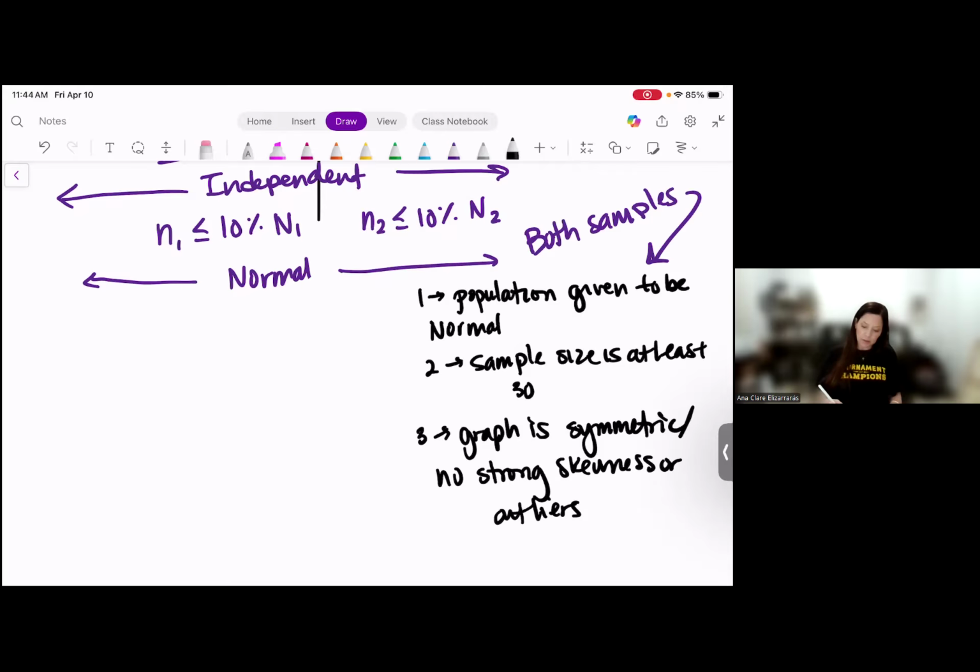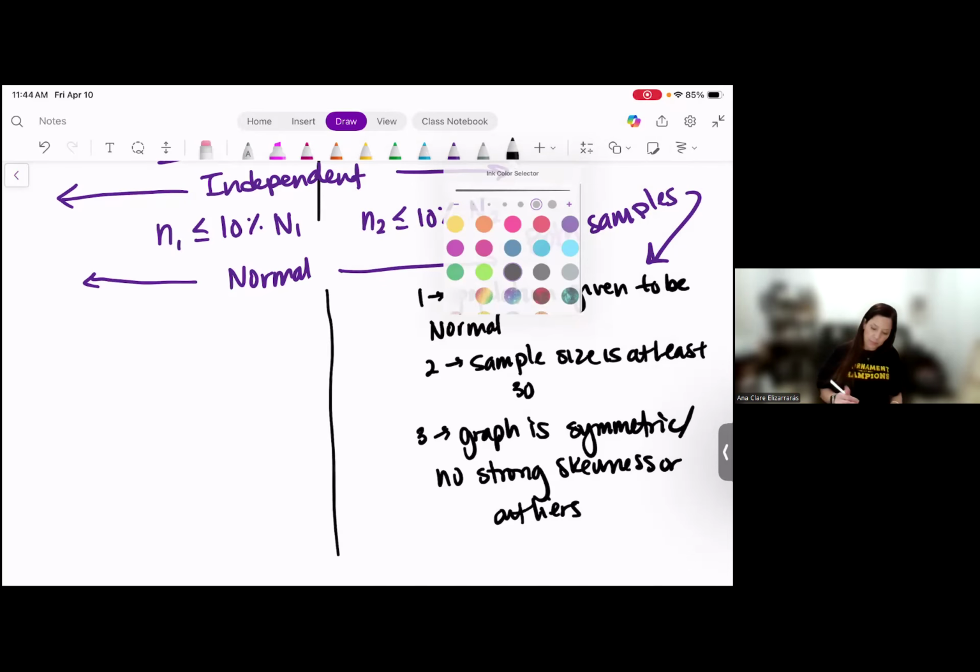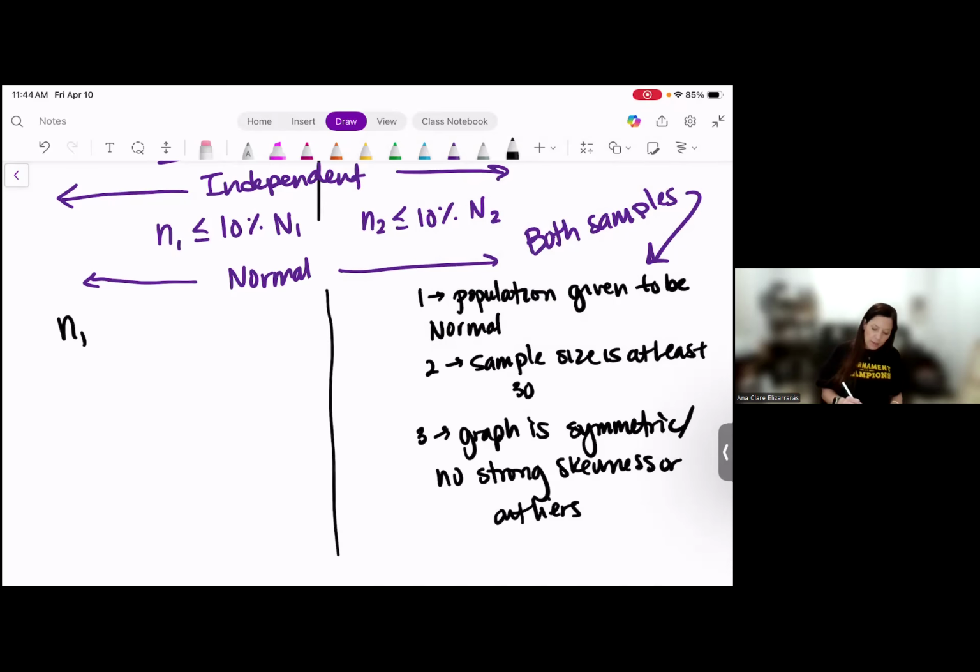For proportions, you have to check both. n1 p-hat 1 is at least 10, and n1 times 1 minus p-hat 1 is at least 10. So the successes and failures for the first group are at least 10, and the successes and failures for the second group are at least 10 as well. It's not just one, they both need to be true.